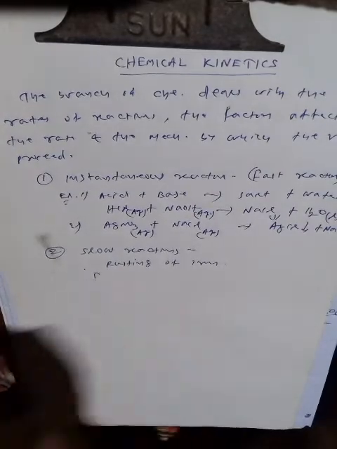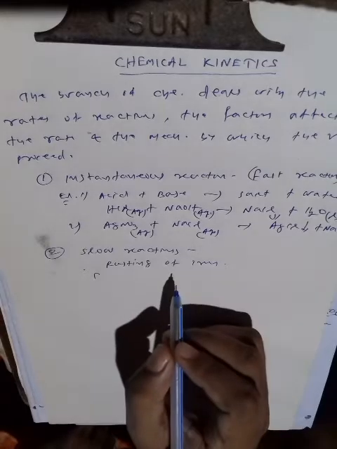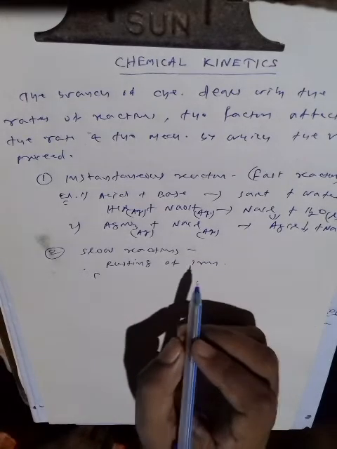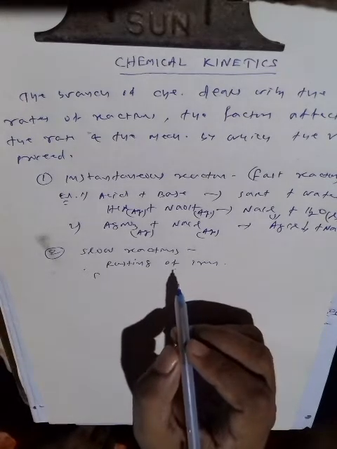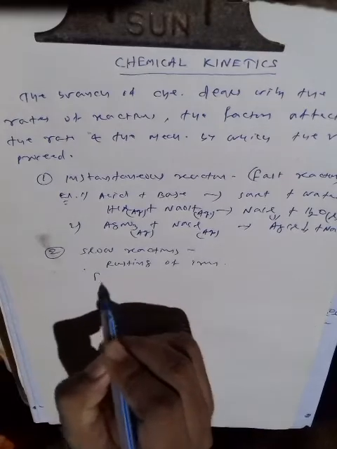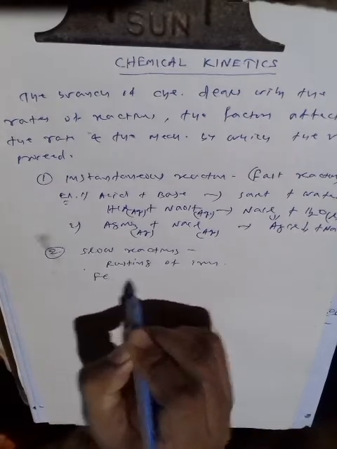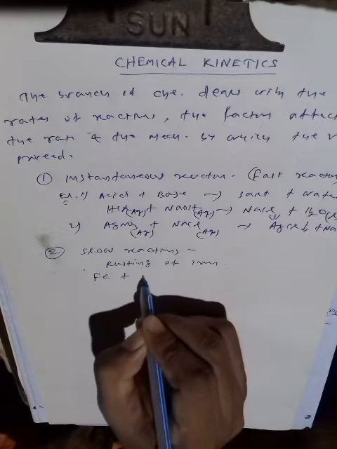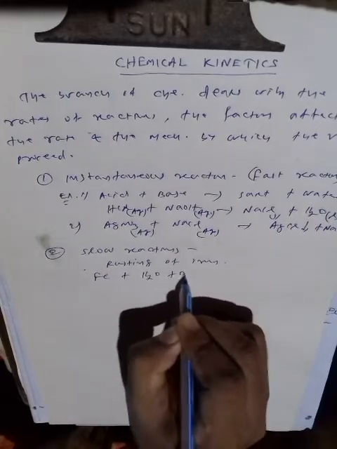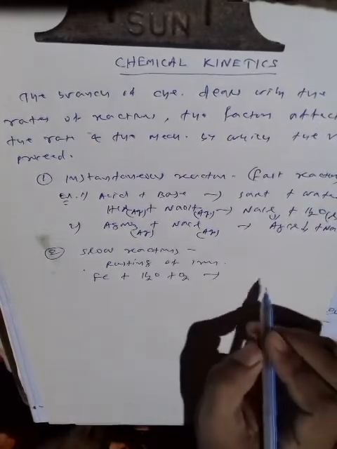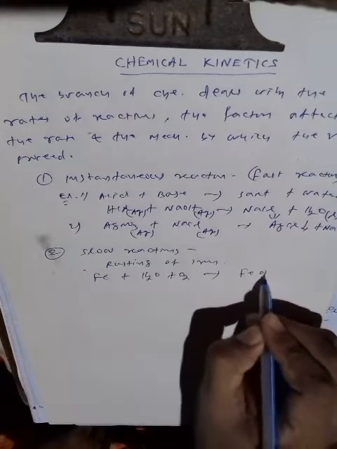When iron gets in contact with water and oxygen, it gets rusted. This reaction is very complicated, a very complex reaction. Although we can write a simple reaction here: when iron comes in contact with water and oxygen, it forms oxide.